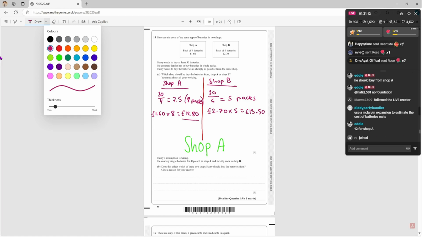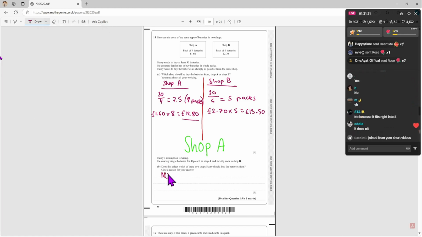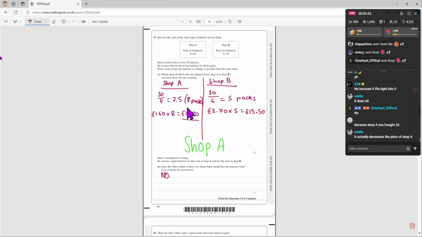So basically, it doesn't affect. The answer is no, guys. Remember, it's no. Why? Because you don't need single batteries in this. From shop B, you do not need single batteries because it divides neatly. But over here, the price actually decreases for shop A because you have an extra 0.5 packet that you do not need.